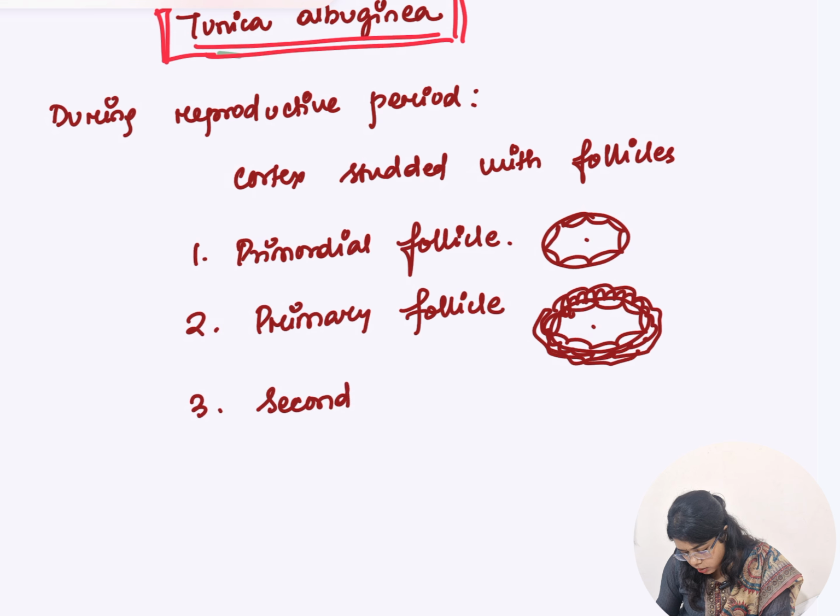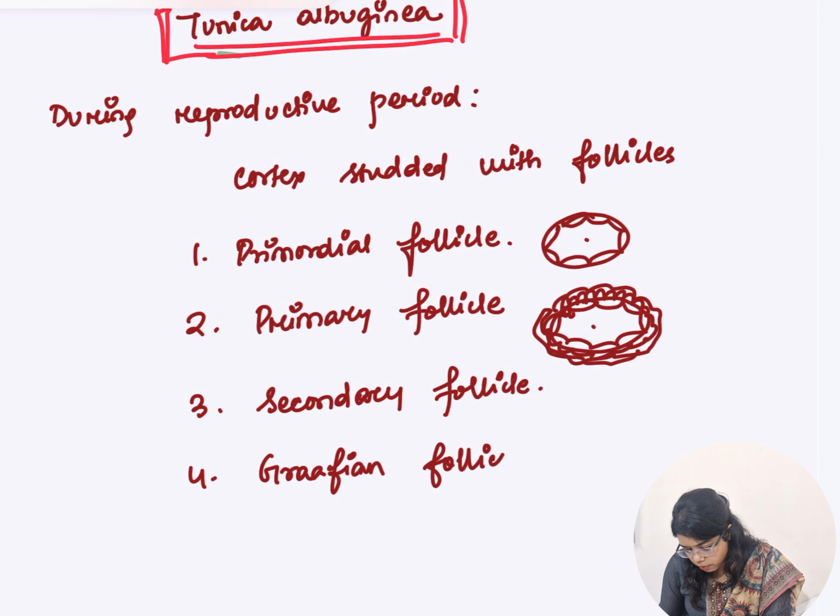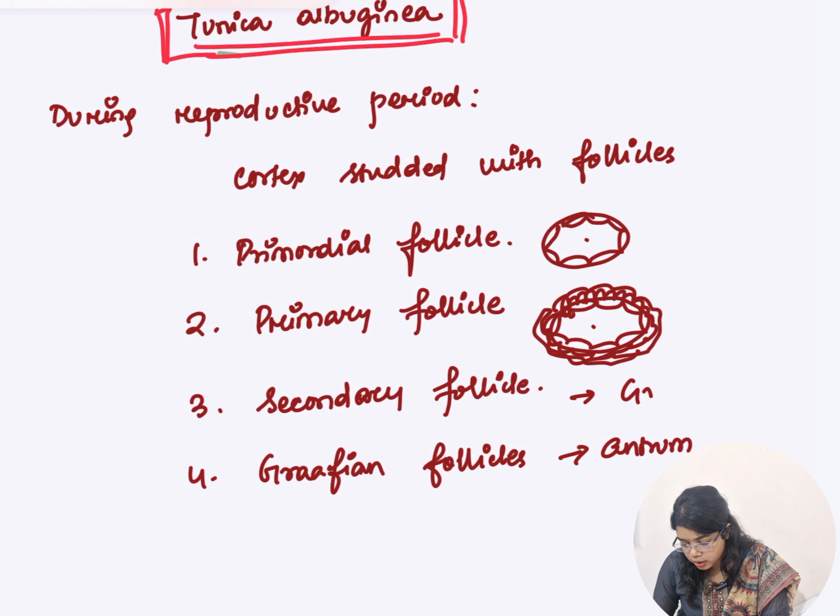Then the secondary follicle: the granulosa cells appear. When the primary follicles are surrounded by the granulosa cells, it is called a secondary follicle.